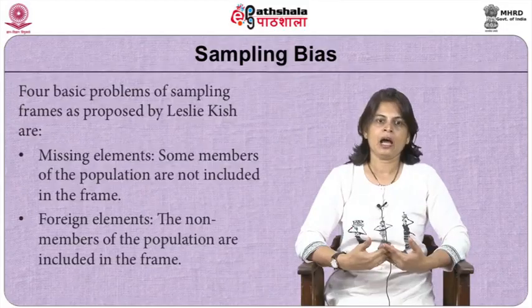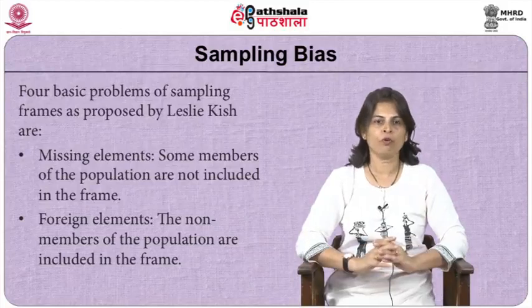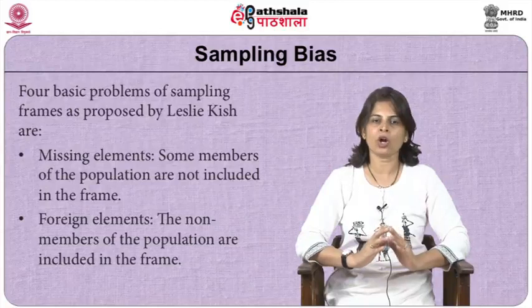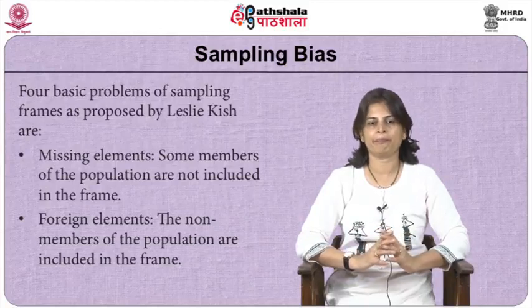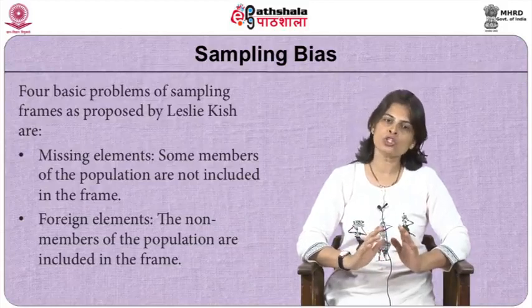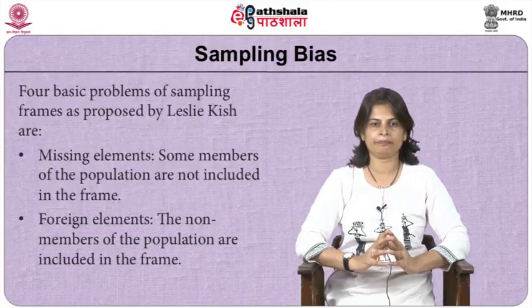What are the problems of sampling frames? According to Leslie Kish, 4 basic problems of sampling frame can be stated as: first, missing elements. Here, some members of the population are not at all included in the frame. Second, foreign elements. In this case, the non-members of the population are also included in your sampling frame.